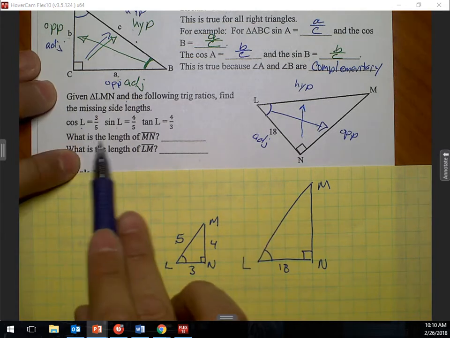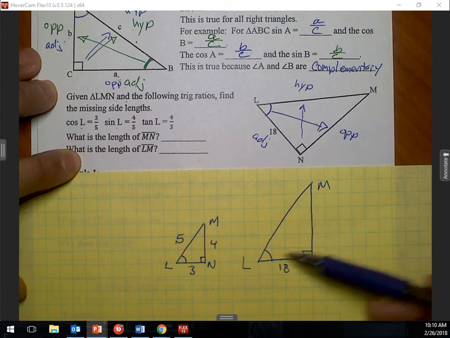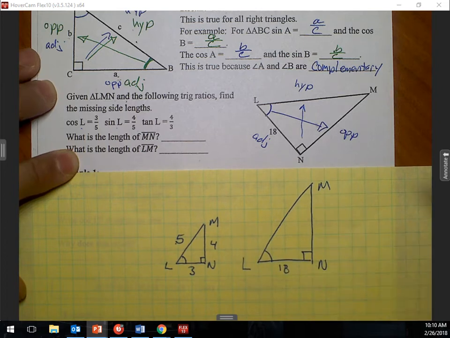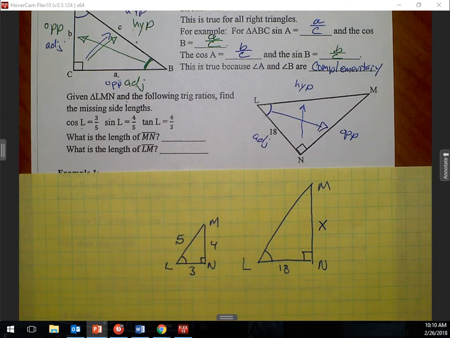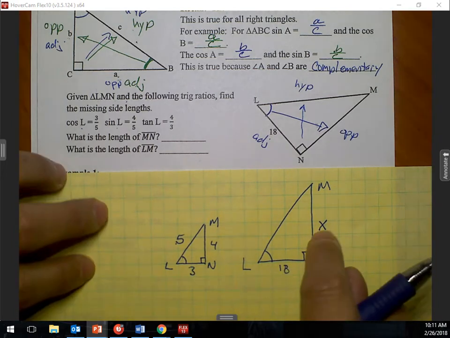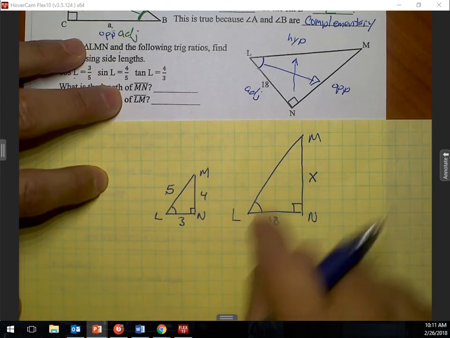So, what is the length of MN? So, I'm looking to solve for this one right here. This is my MN that I'm looking for. So, I'm going to put an X right here. Because I want to. So, if I'm looking for this value right here, we have to set up cross products to be able to solve for this.